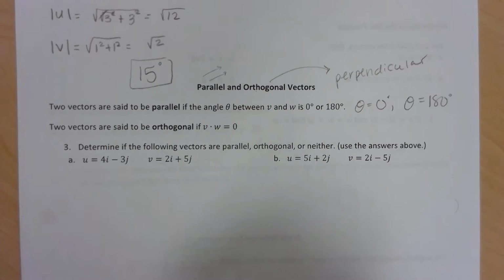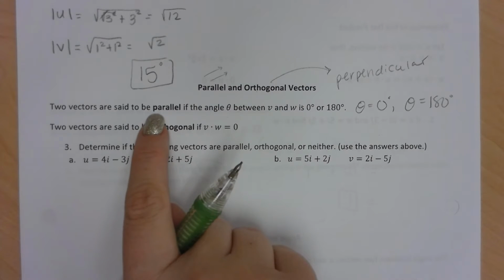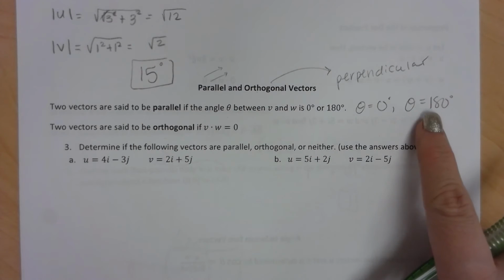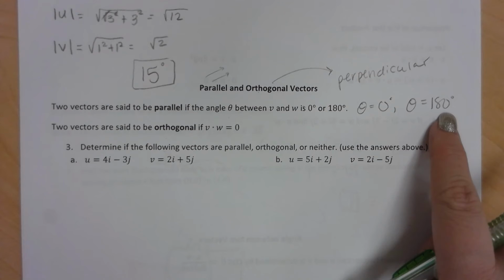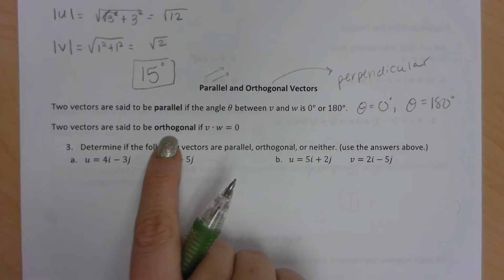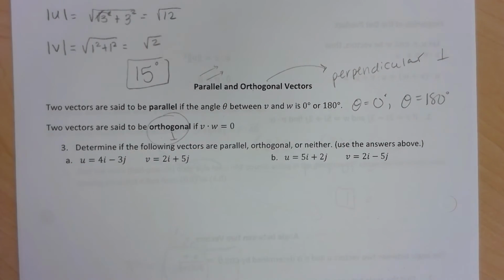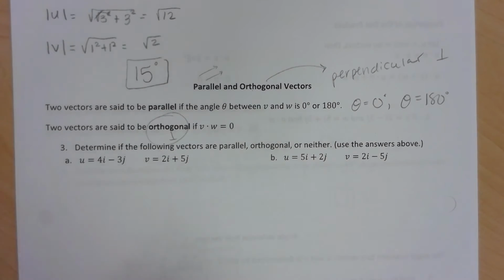Okay, so if I find my answer, I do cosine inverse of the dot product divided by the magnitudes, and I get an answer of 0, then we would say that the two vectors are parallel. If we get an angle of 180, then we would also consider the two vectors to be parallel. Okay. Two vectors are said to be orthogonal, which just means perpendicular, if the dot product is 0.